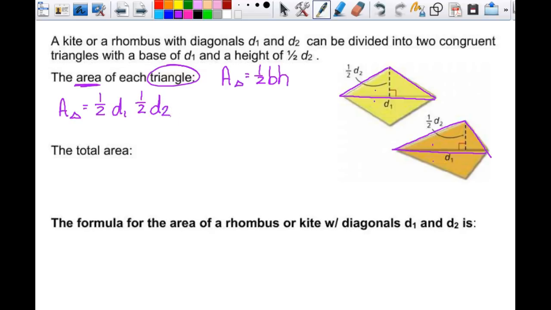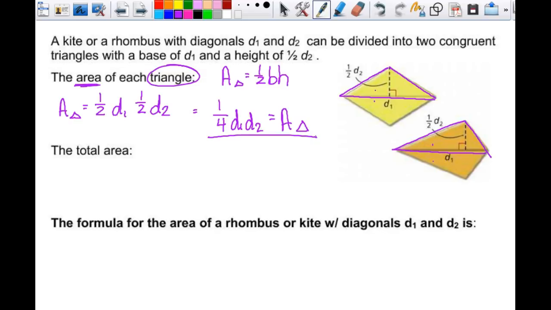Everybody with me so far? They're just substituting stuff in, right? So that means when I multiply, what's 1/2 times 1/2? 1/4. So 1/4 times D1, D2. That is the area of the triangle.